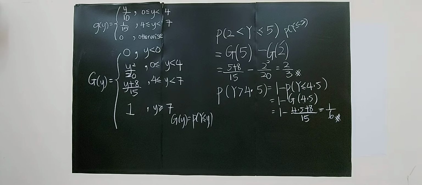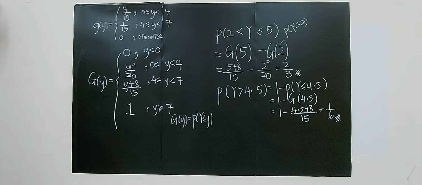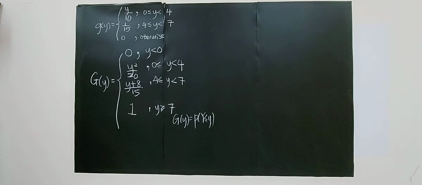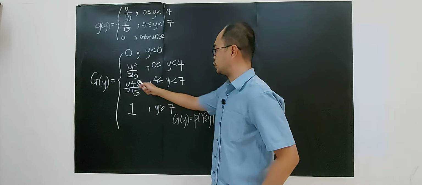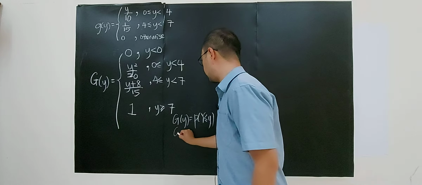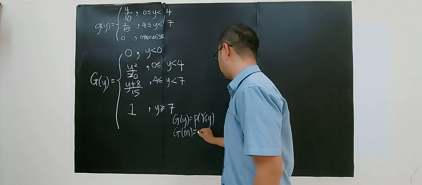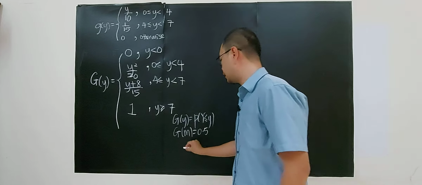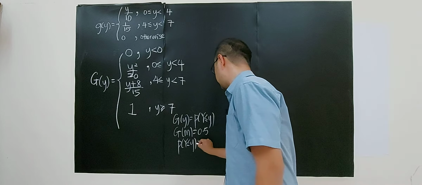Now I'm going to show you how to use the cumulative distribution function to find the median. This is another application of the cumulative distribution function. The median is defined so that the cumulative distribution function must be 0.5, meaning the probability of y less or equal to m must be 0.5.